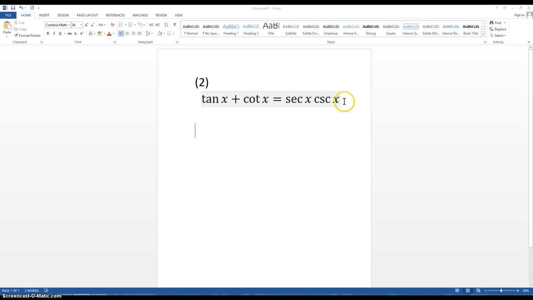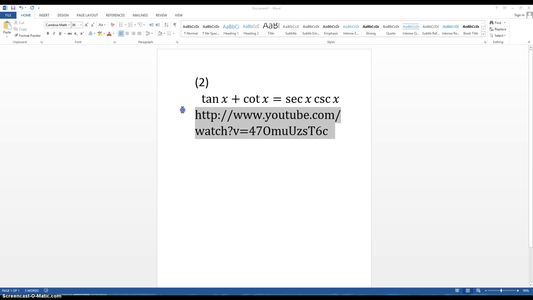So, let's look at the left-hand side. We have tangent of x plus cotangent of x. So the first thing that you need to do is put everything into terms of sine and cosine. Alright, so here we go. I'm only working with the left-hand side.